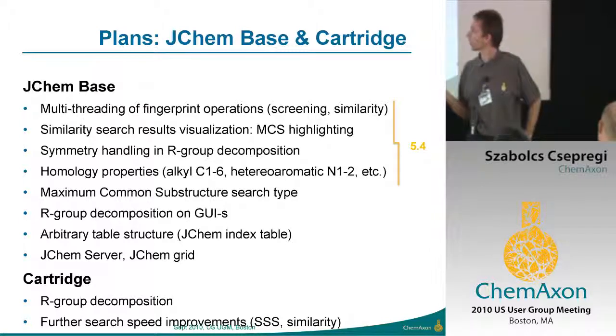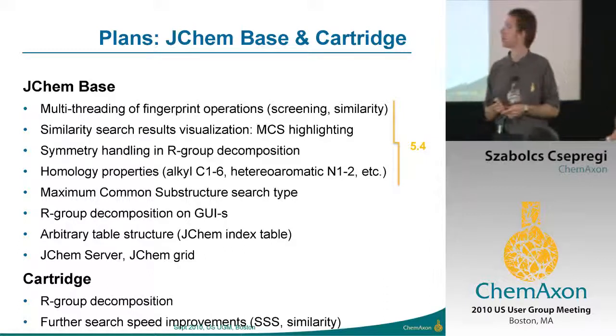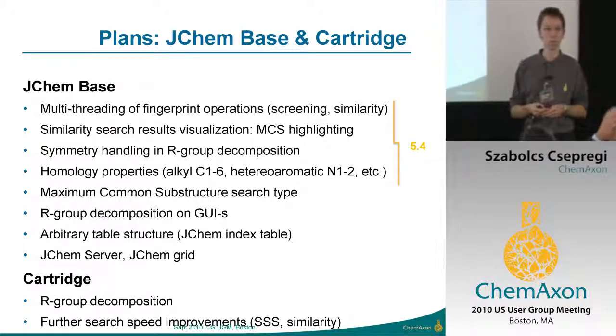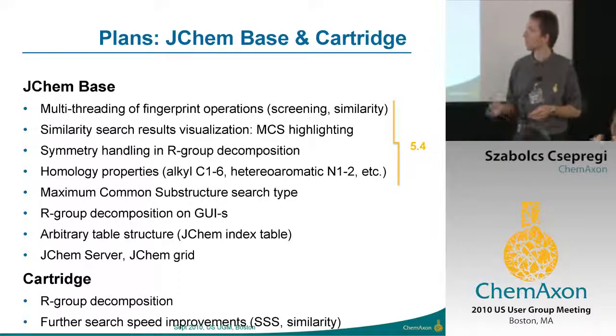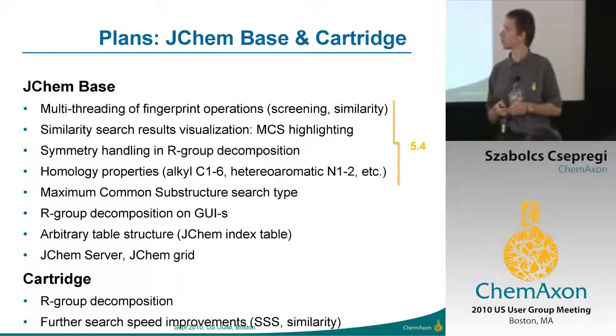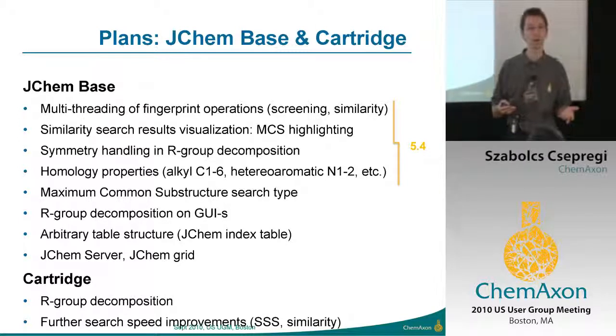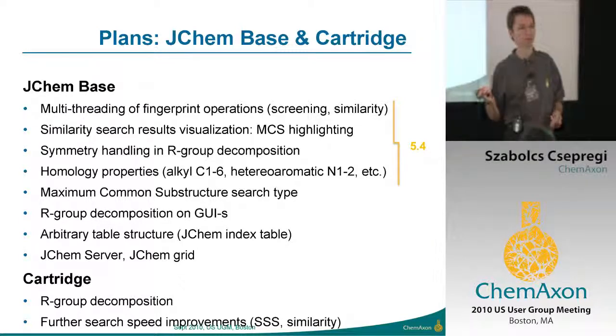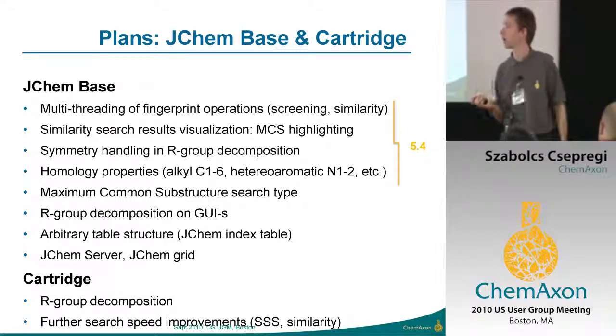It is already there in JChem for Excel, but we will add it to the example web applications and so on. On the longer term, we are planning to support an arbitrary table structure or the JChem index in JChem Base directly, not just in the cartridge.